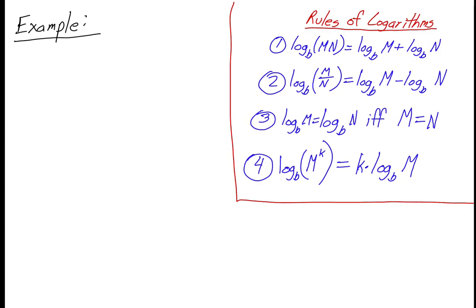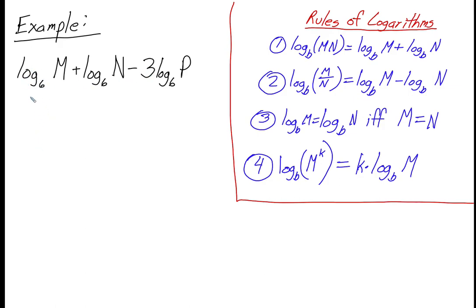If we see something like, and we're going to introduce some variables in here, the log base 6 of m plus the log base 6 of n minus 3 times the log base 6 of p, and we want to turn this whole thing into one single logarithm.